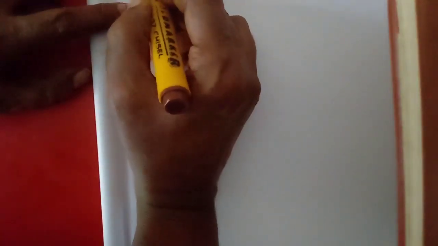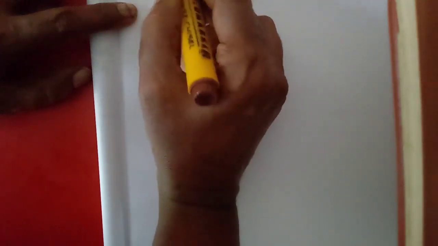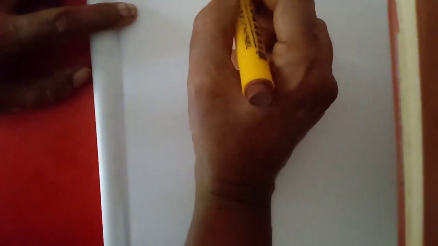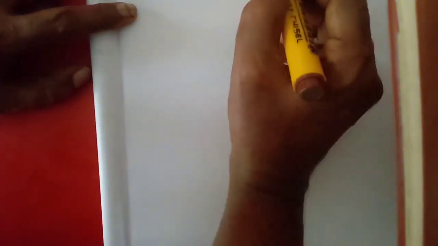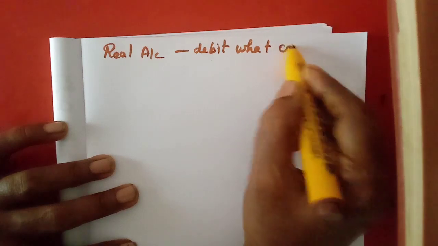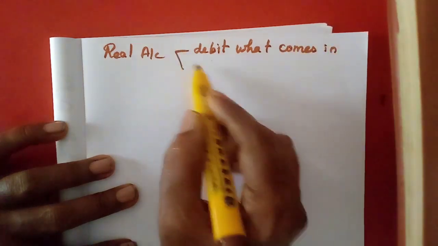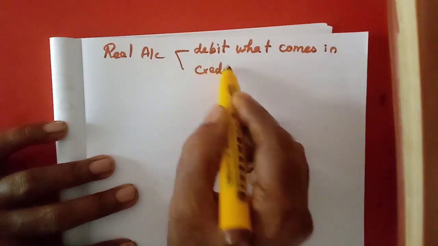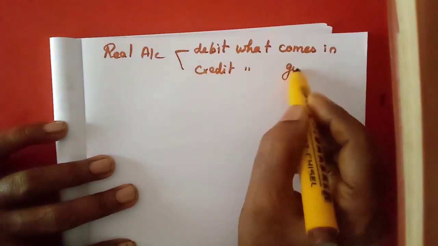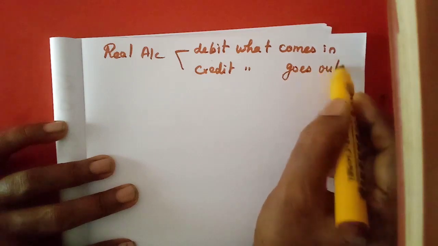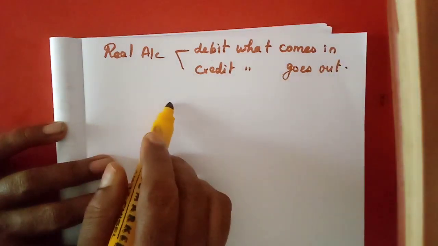Because what is the rule for a real account? Debit what comes in and credit what goes out. This is the rule for a real account, isn't it?